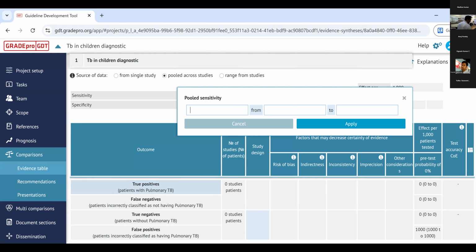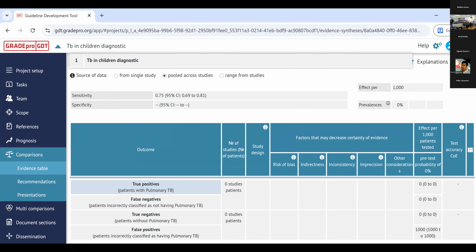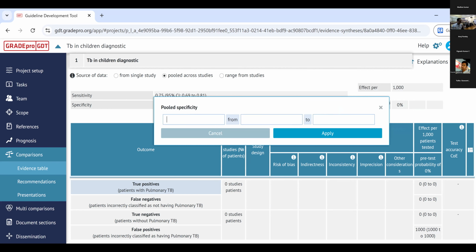So the pooled sensitivity was 75.3, so 0.753. Okay, and it ranges from 68.9 to 80.8. Okay, and the specificity of this test, the pooled was 95.9.